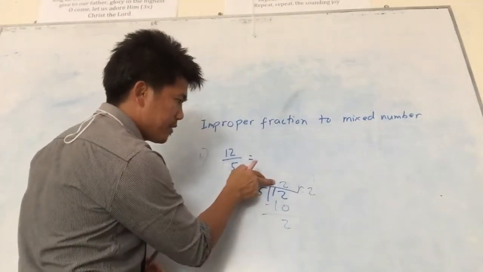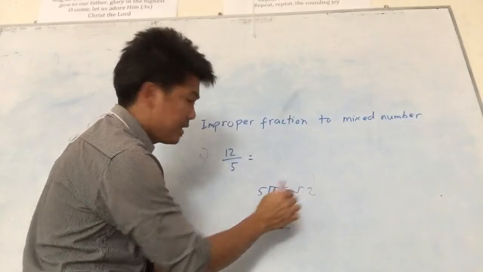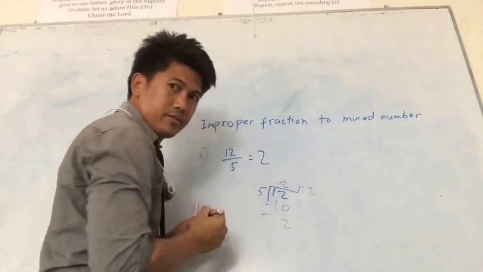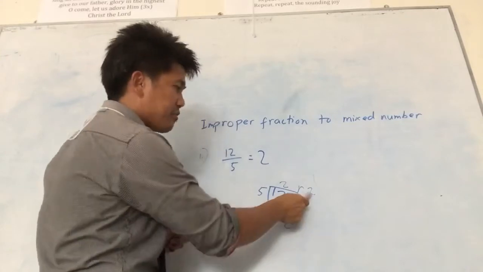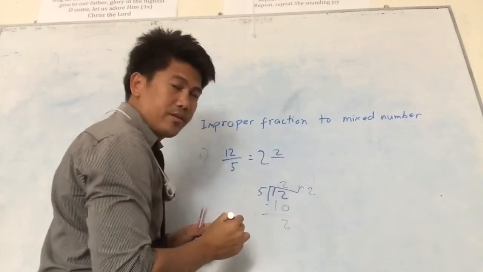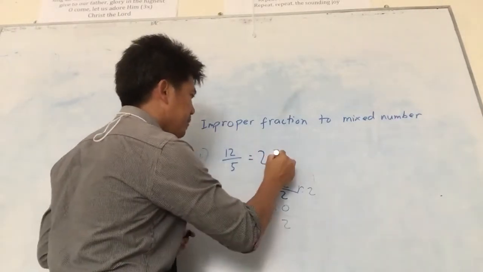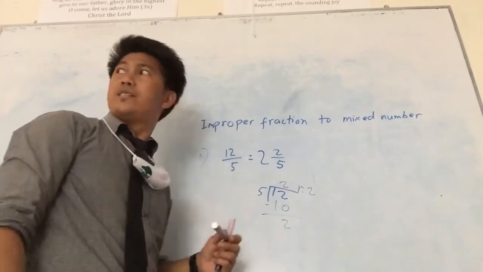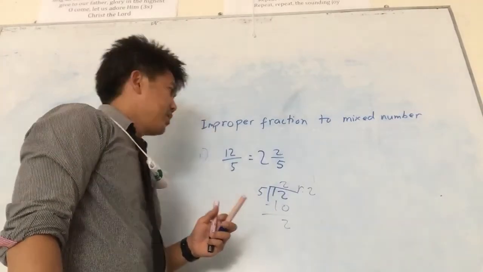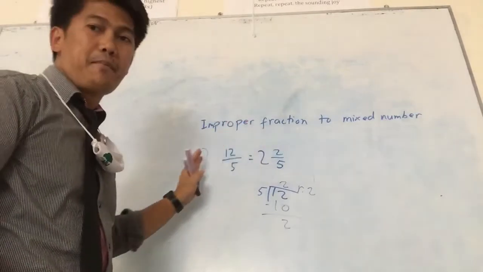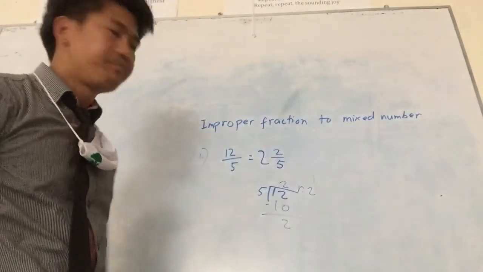The 2 here, not the remainder, will be your whole number, the big number in front, and your remainder will be the numerator, and copy the denominator. And that's it. Finished. So that's how you can make a mixed number from an improper fraction.